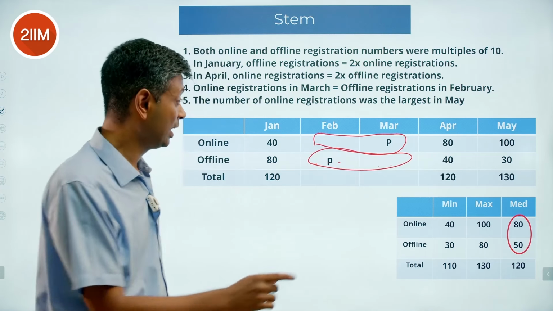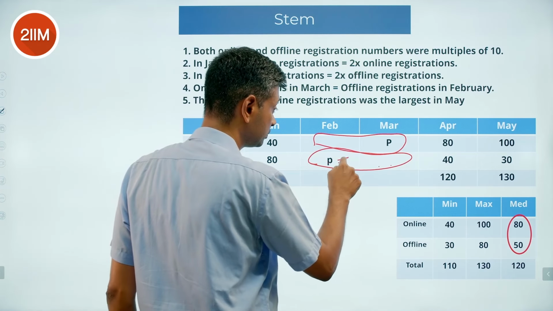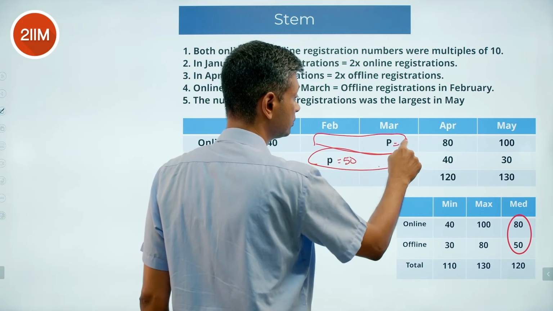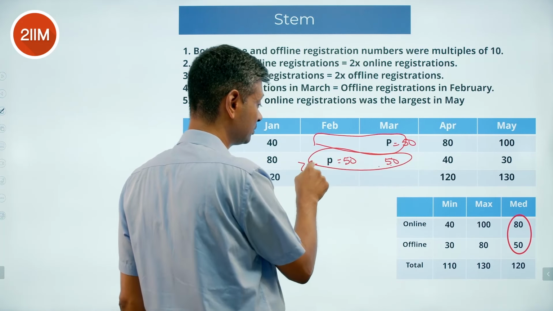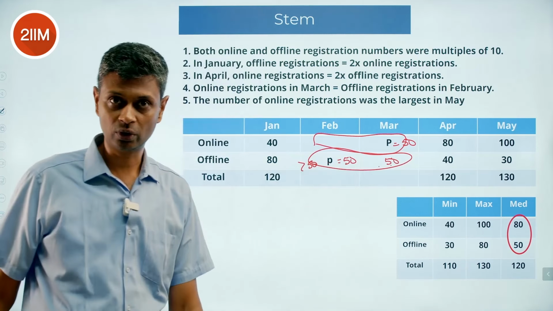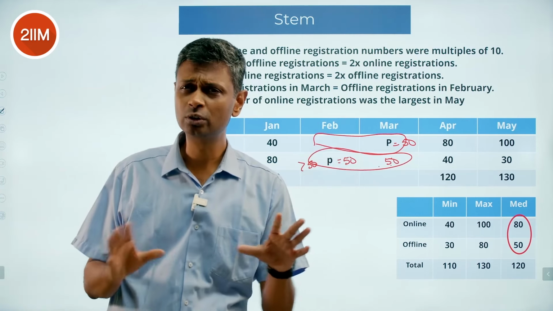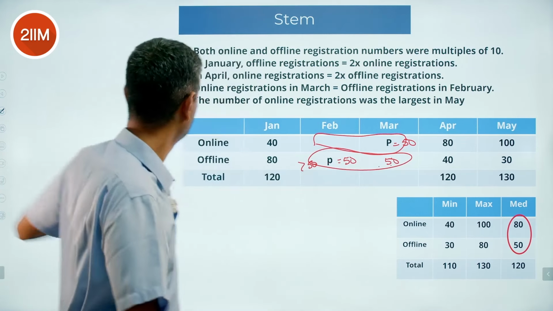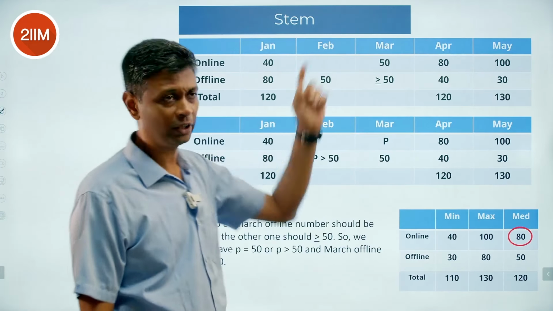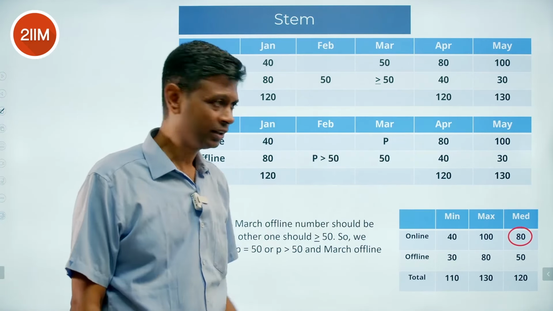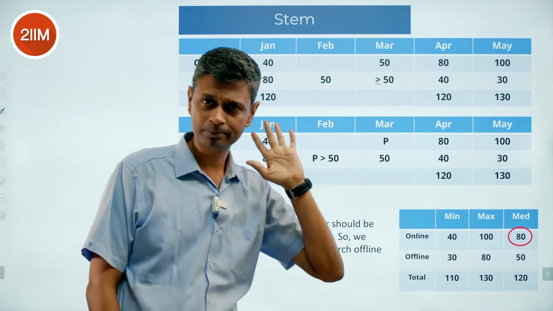So either this is equal to 50, in which case this will be 50, or this is 50 and this is greater than 50, because equal to 50 would have already been accounted for. So two threads or parts we have. I'm going to fill both of them: 50, 50, or this is 50, this is greater than 50 and this is equal to P.